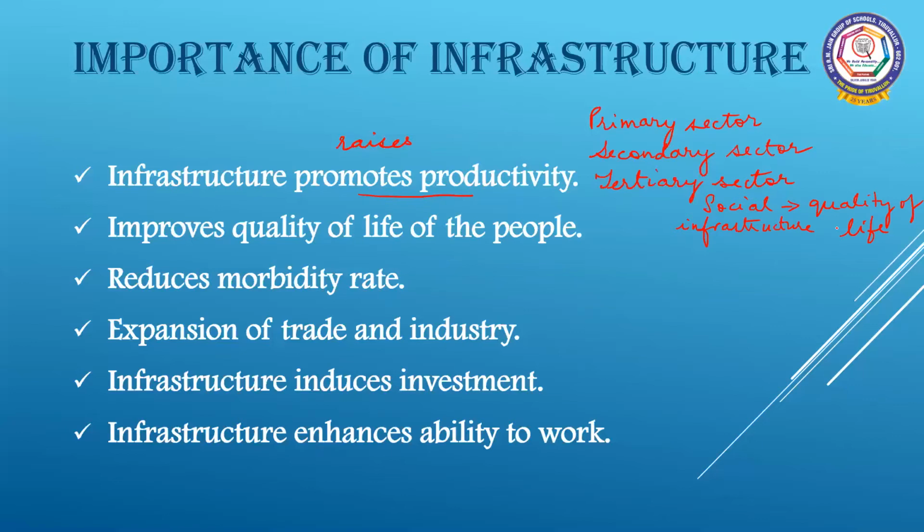When skill and efficiency is high in human beings, this would help to promote productivity. That is how the productivity increases in the economy, and this would help in reduction in cost of production.